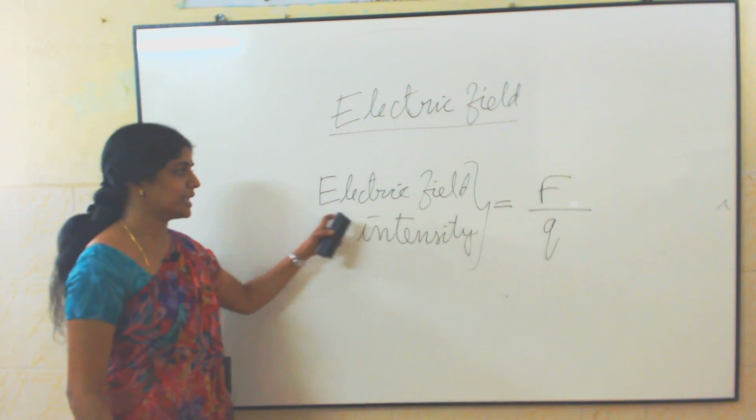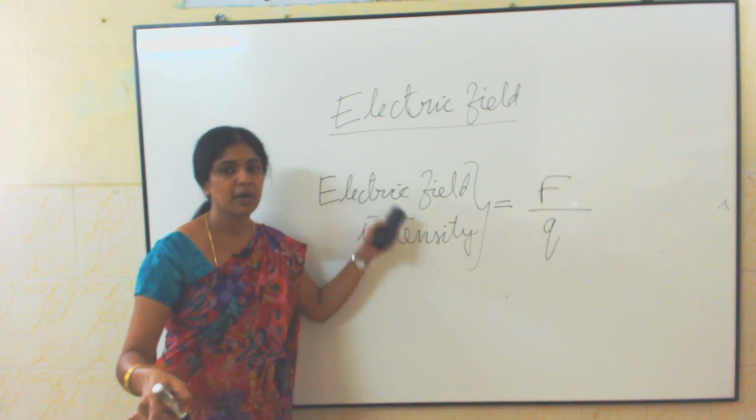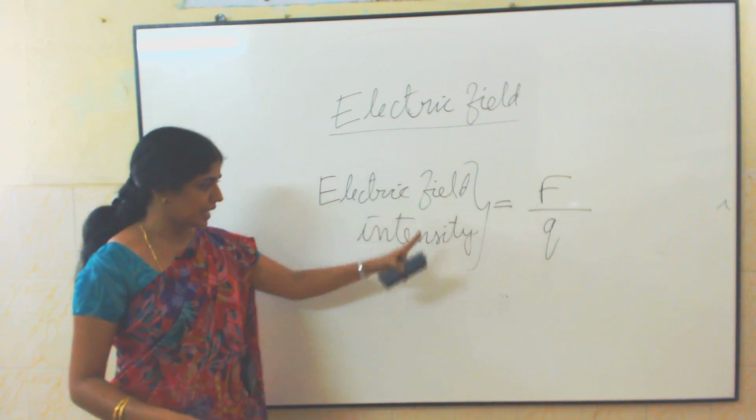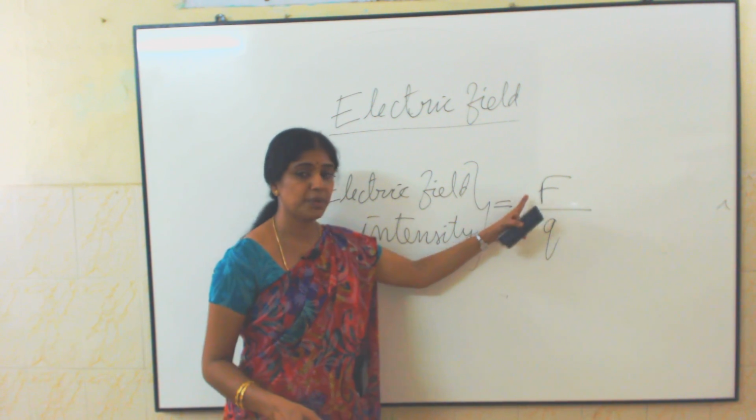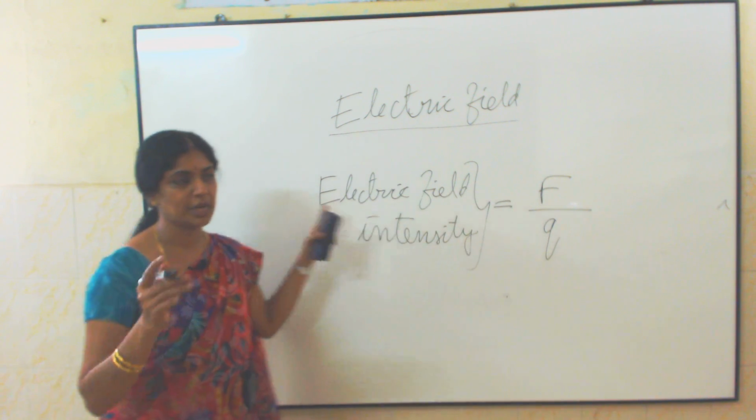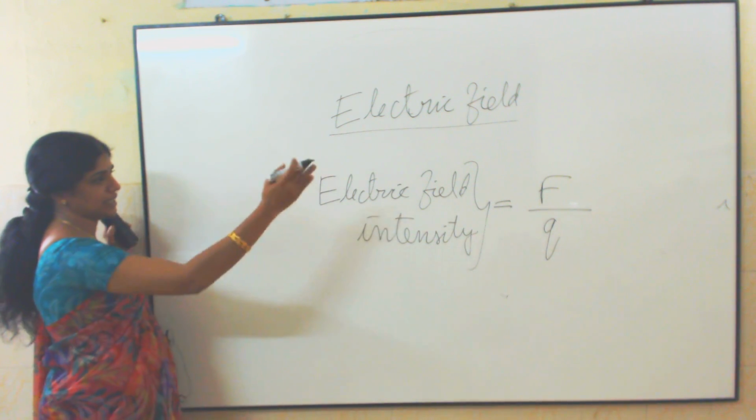So electric field intensity is used to calculate the electric field. I can write this as a formula. It is nothing but the force experienced by a unit positive charge. That we call the electric field intensity.